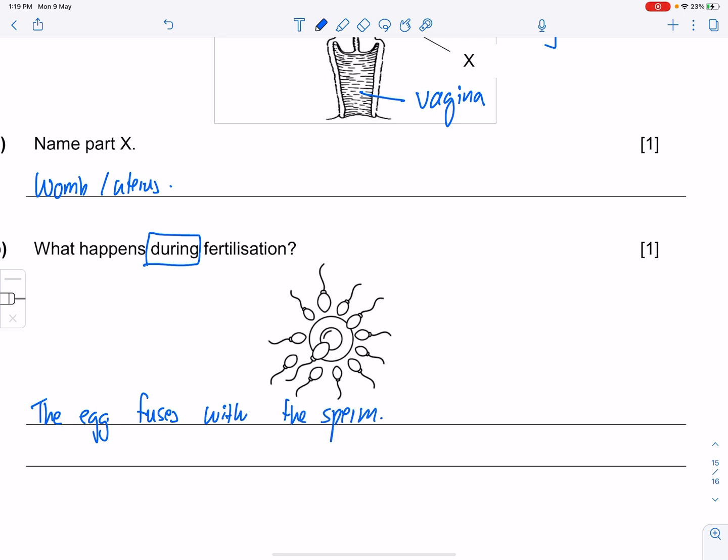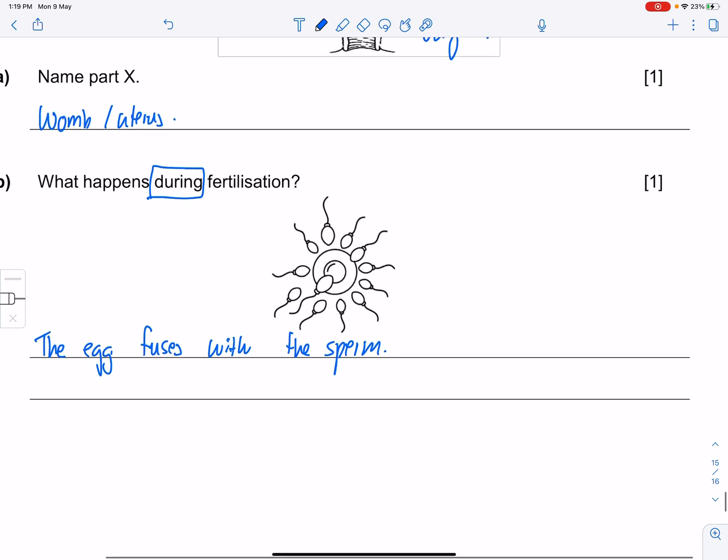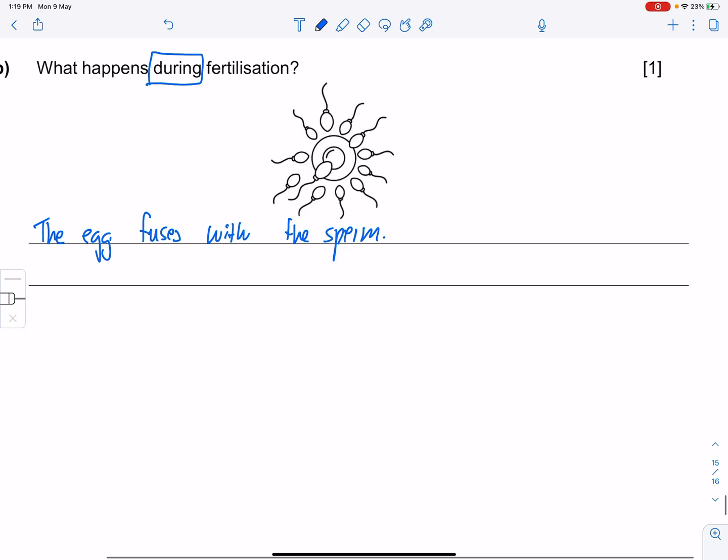Or you say even higher order would be the nucleus of the sperm fuses with the nucleus of the egg, or the nuclei of the egg and sperm fuse. Yeah.